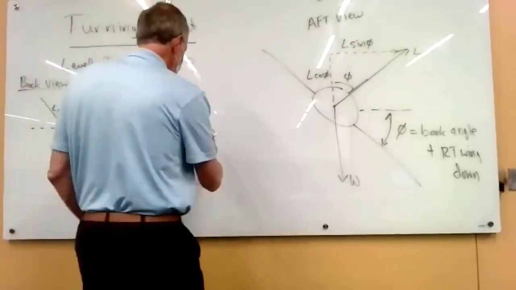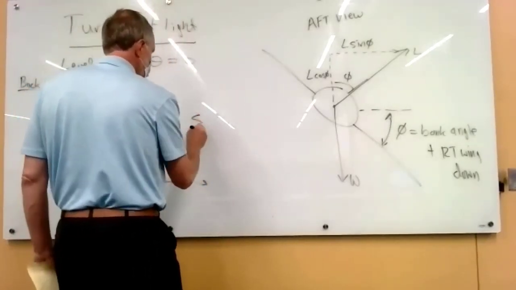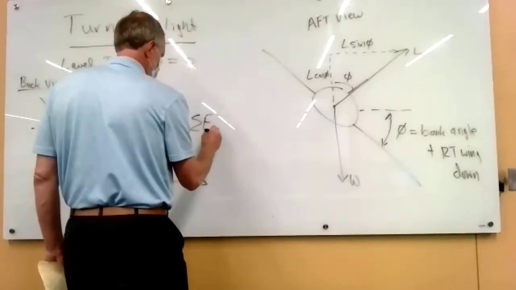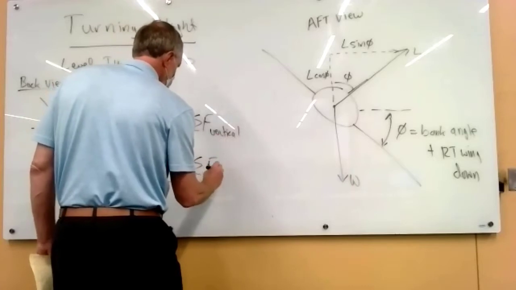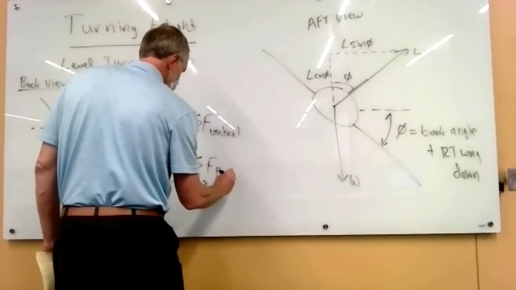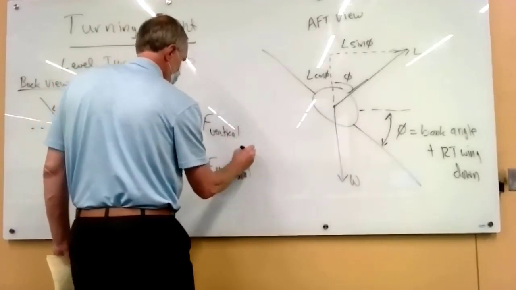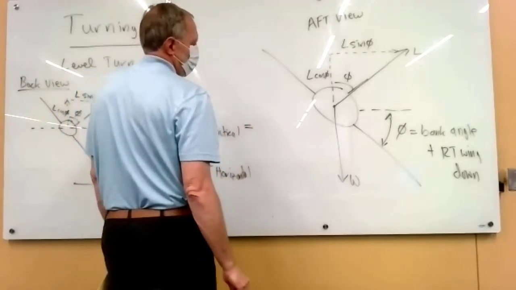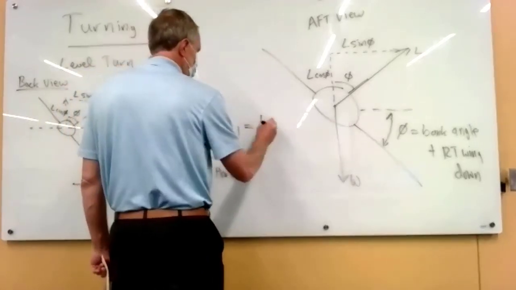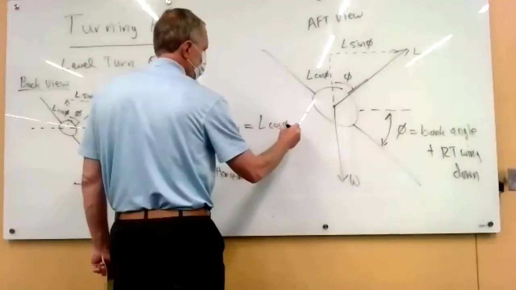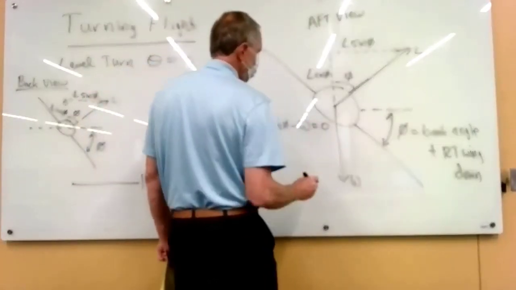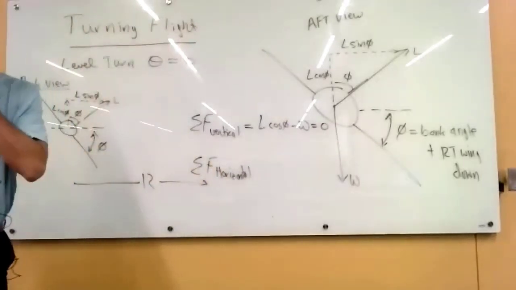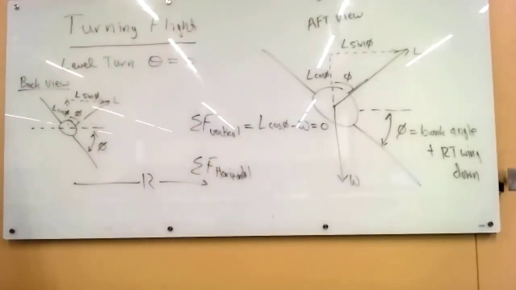And so we'll sum some of the forces in the vertical and some of the forces in the horizontal. Vertical, we got lift cosine phi minus the weight. And this is steady state, so it's not climbing or diving, it's just level. So that has to be 0.